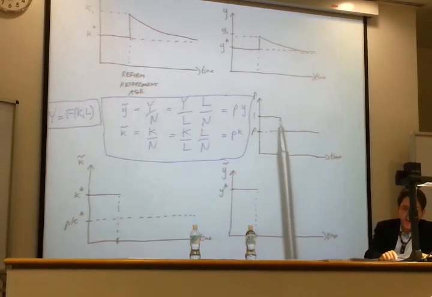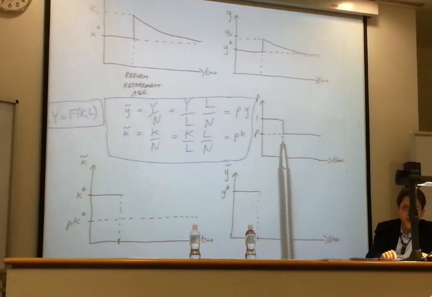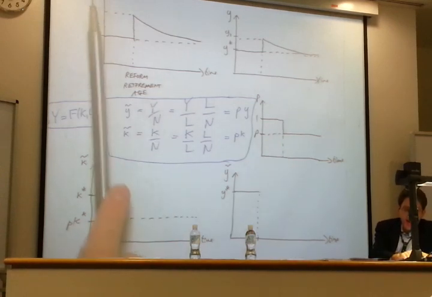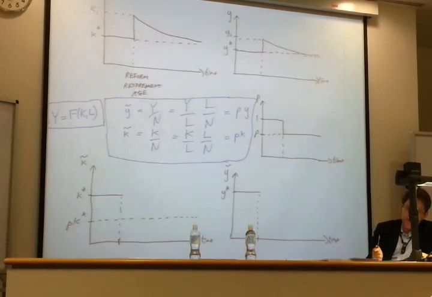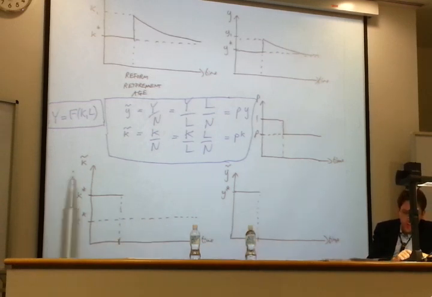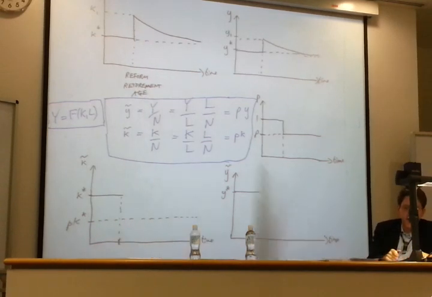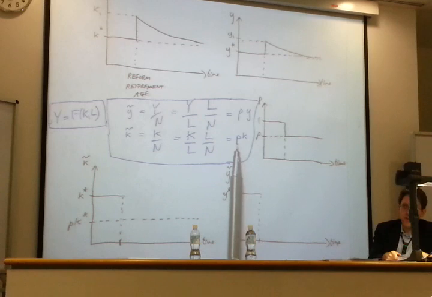So P changes more or less quickly. For simplicity, we're having it change instantaneously, one day to the next, if you like. K changes slowly. So once P is adjusted, all the movement of K tilde is going to come from the movements of K. And you can see that they're proportional to each other.